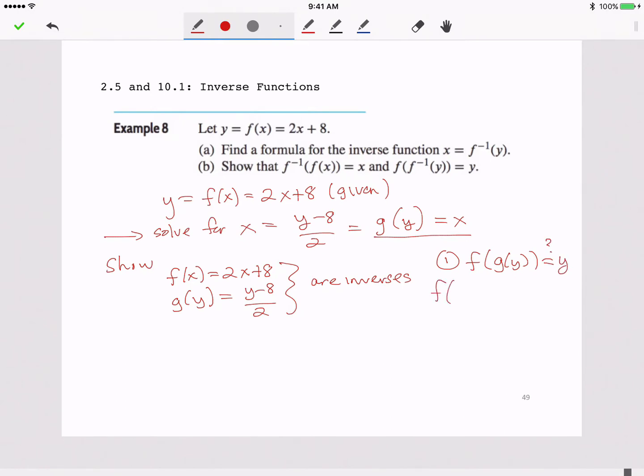Into the function f, we need to substitute g of y. The function f was 2 times something plus 8, and it's the y minus 8 over 2 that gets substituted in for the x, so the 2's cancel, and y minus 8 plus 8 is equal to y. So we do in fact get that f composed with g of y is y.